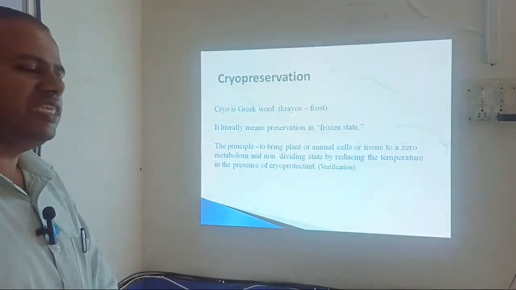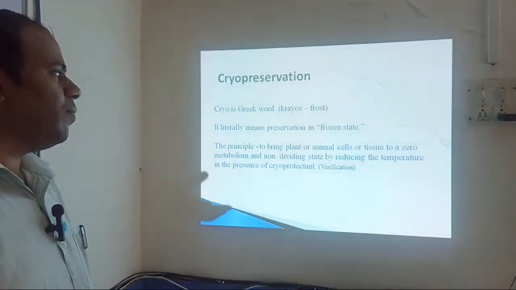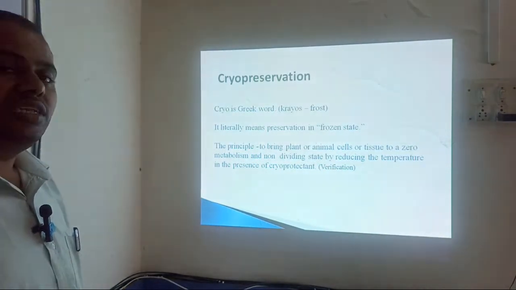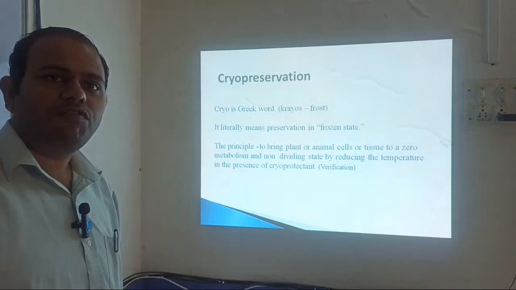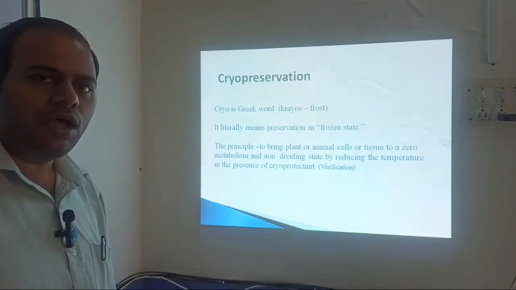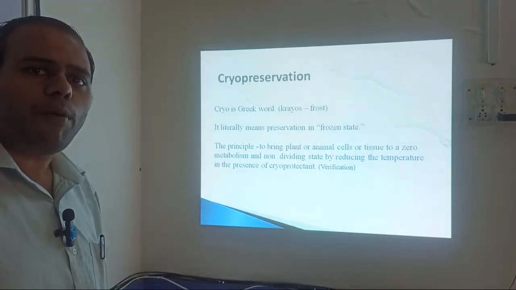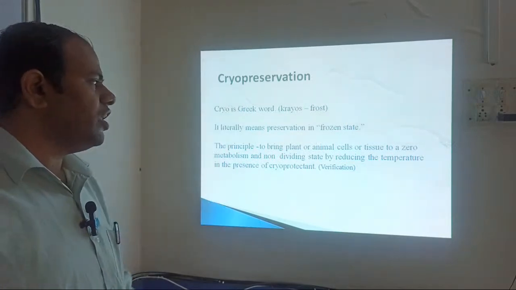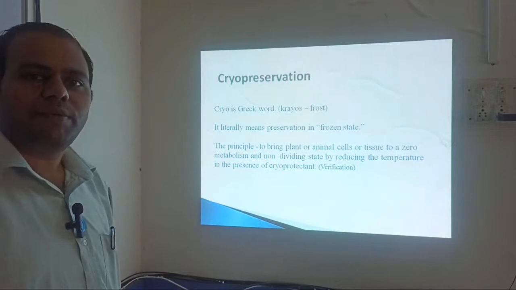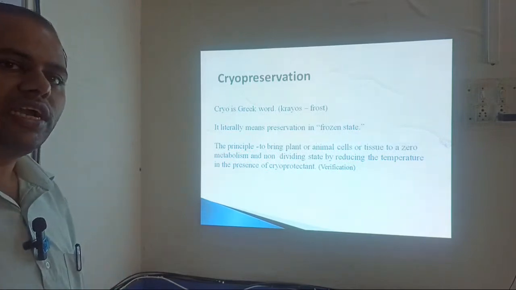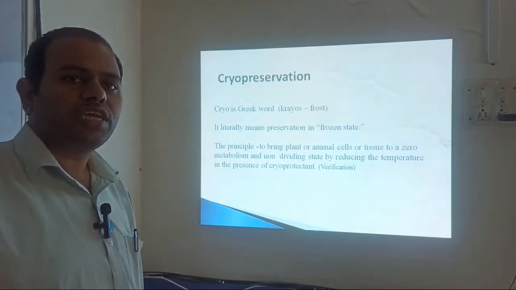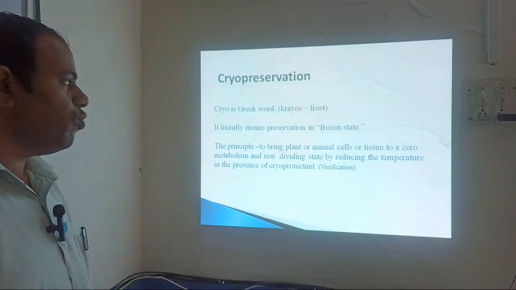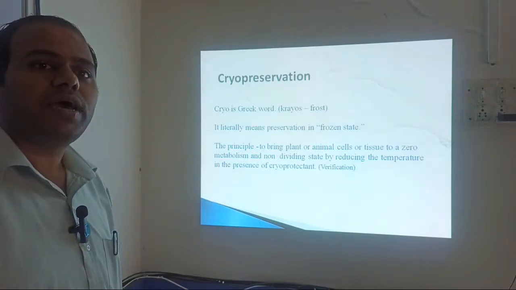The principle behind this is to bring plants and animals to a stage of zero metabolism. We have to arrest the growth of the plant or animal, or stop its metabolism, so that it will be in a non-dividing state by reducing the temperature. While reducing the temperature, you cannot reduce it as it is. You have to first add some cryoprotectant.